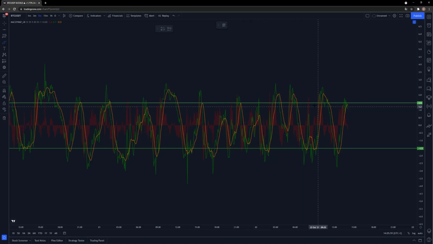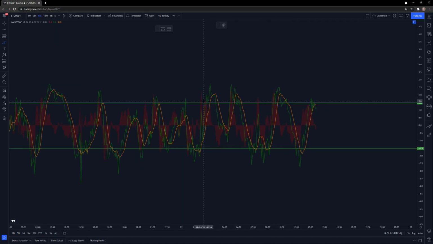What is a good example? Okay, right here, both of them go above the 1.5. The green line crosses below the orange line right here.